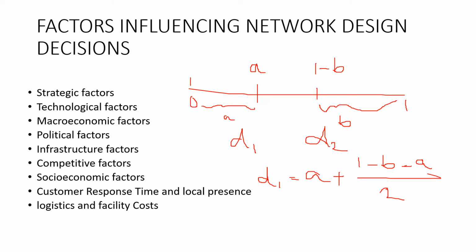So this is the demand for the first organization, which is located at A. Similarly, for the second organization, demand will be equal to (1 plus B minus A) divided by 2.